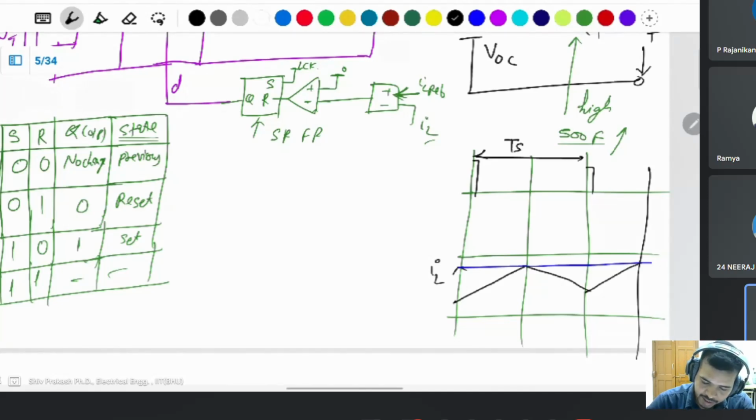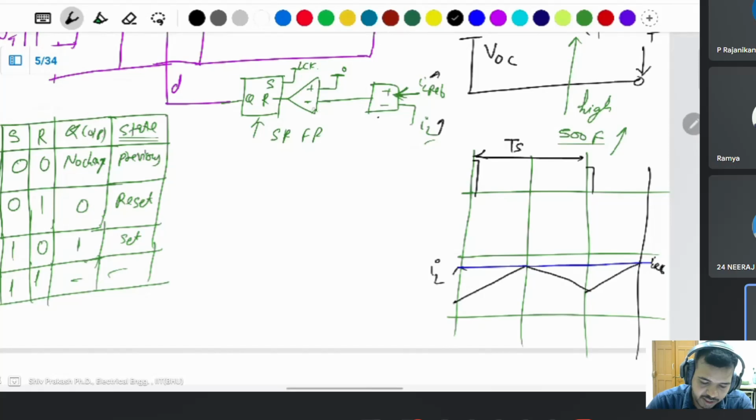Suppose there is one high, then what happens? There is a remaining time. Then it will be possible when IL reference, the reference is tracking to more than the IL value. Suppose here IL reference is there and IL is more than this one. Then what happens? Negative is there.